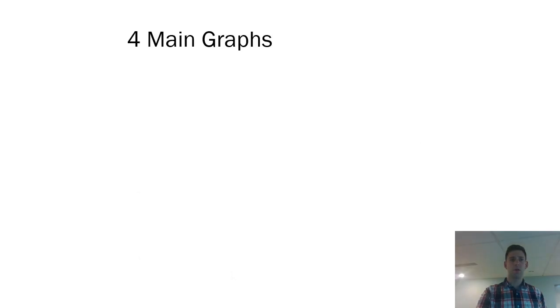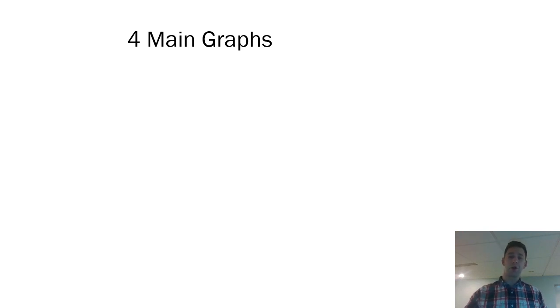So there's 4 main graphs that scientists tend to use. You can take a second and try to think of what those 4 are. My guess is most of you were able to think of 3 of them, bar graph, line graph, pie chart. Then the 4th one that's kind of harder to remember is a scatter plot.